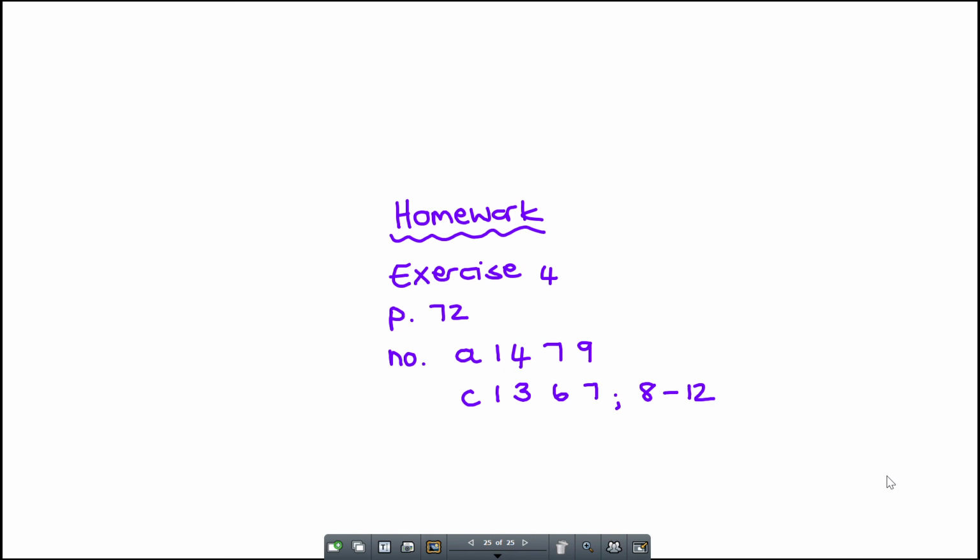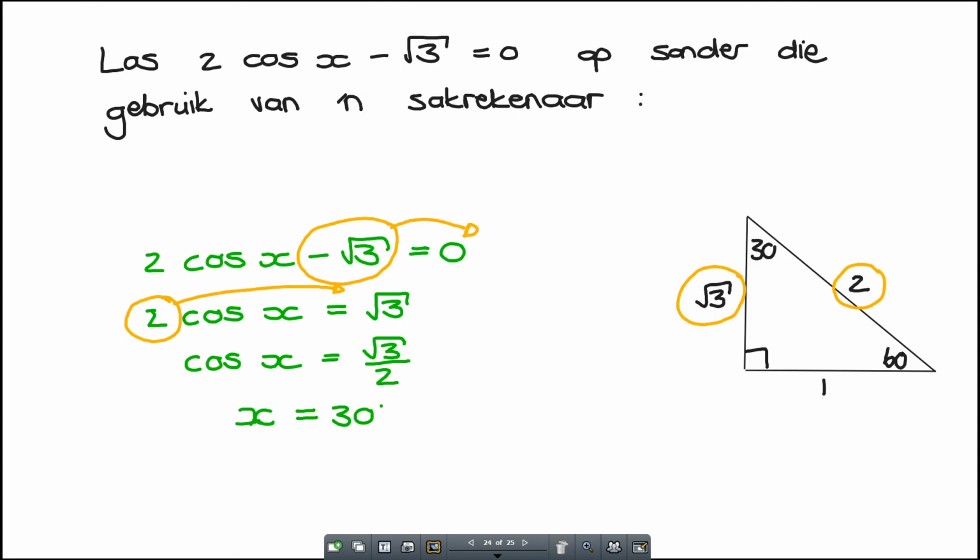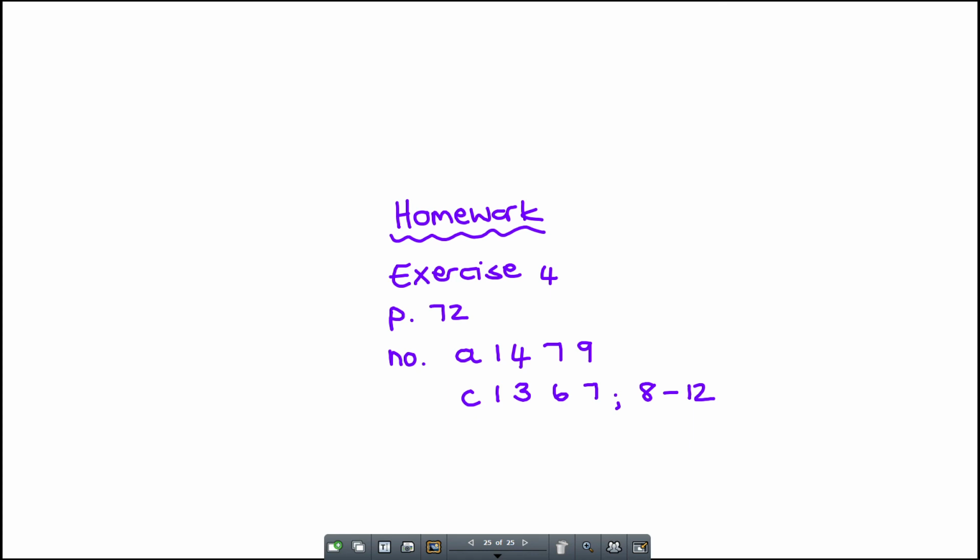Okay, so that's just normal using those triangles and getting a final answer there. And then at C, they say, los die volgende vergelykings op sonder die gebruik van 'n sakrekenaar. Now that is like this example that we did at the end here. Hierdie enetjie. Dis soos daai. Okay, ek wil eerder hê julle moet hom maar so 'n bietjie oefen. Want dit is nie altyd so maklik nie. Fine, that is it.